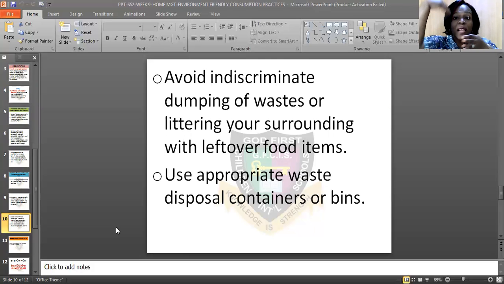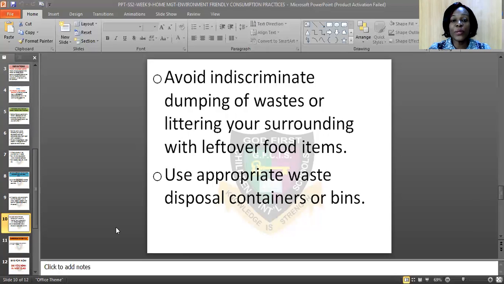The space provided by the government so that the environment will look neat and it will be odorless. Are you getting? But when there is space in your environment, you have the right to dig the floor and bury the waste so that it will decay and it will still give the environment manure. Are you getting what I'm saying?